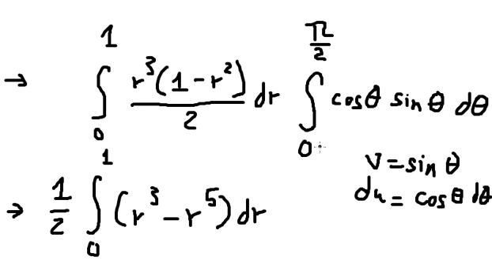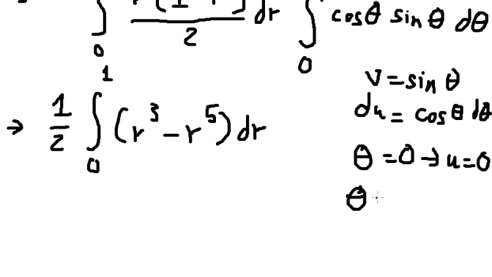And then we need to change the bounds. When theta equals 0, we put 0 in here to find the value of u. So u equals 0. When theta equals pi over 2, we put this one in here, so u equals 1.